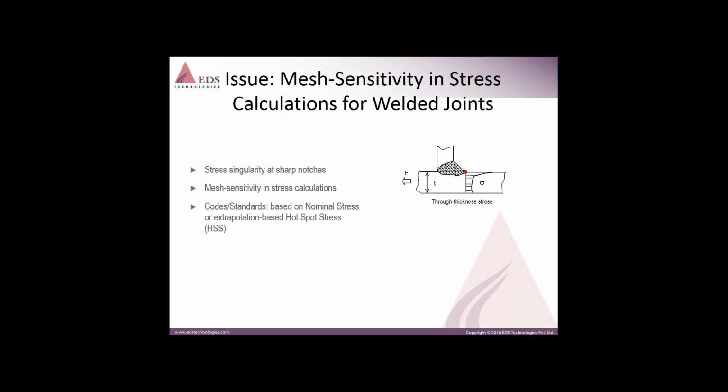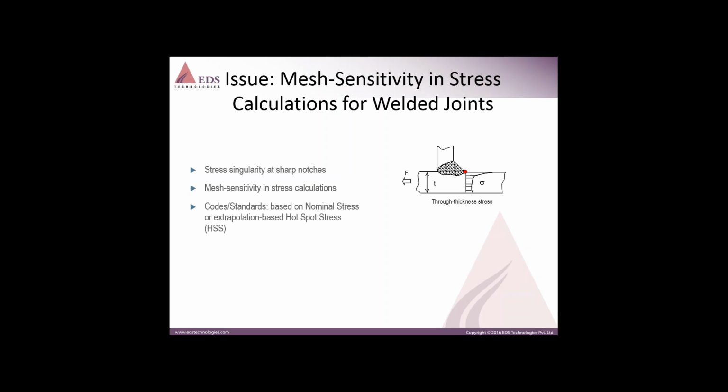First of all, if you look at a loaded joint, in this case a simple T-weld example I have given, and you try to perform the stress calculation and life prediction, you will face a couple of problems. One is that you will have a stress singularity in the sharp notches, in this case the toe of the weld, which you can see with the red dot on it.